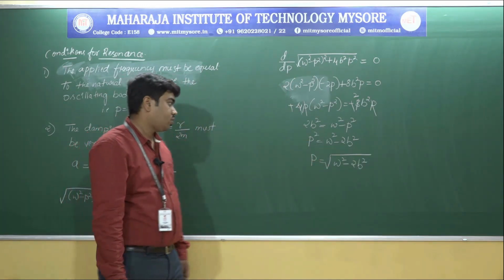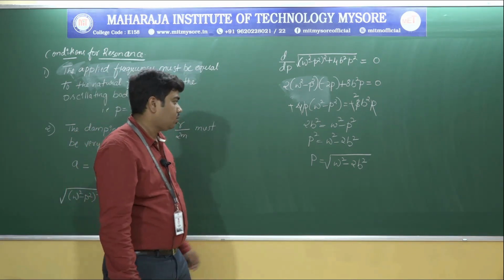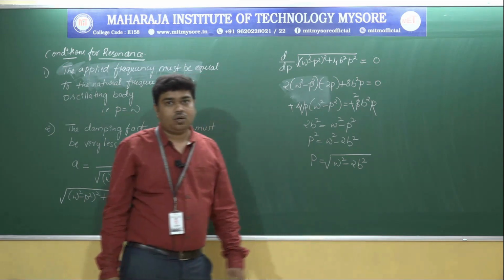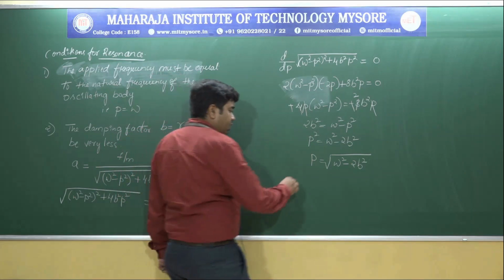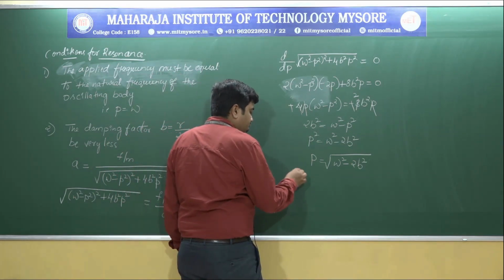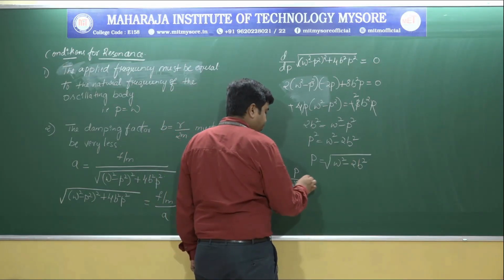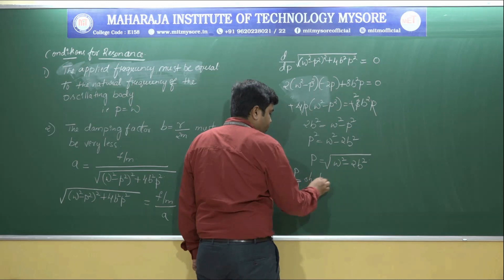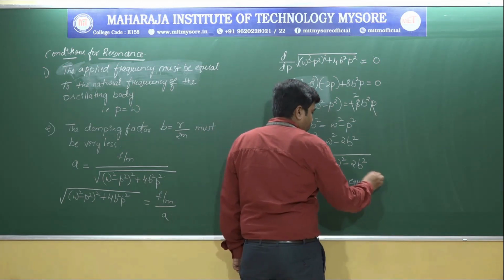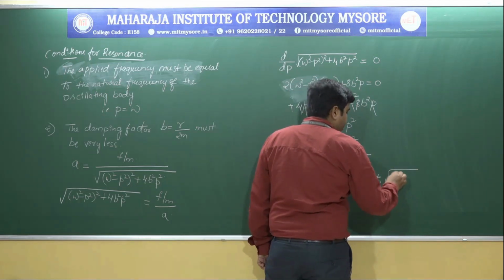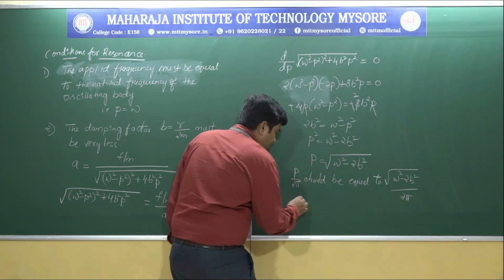Now, this is the final expression we got by differentiating the amplitude term for the forced oscillation: p is equal to square root of omega square minus 2b square. In order to get the resonance condition, the applied frequency p by 2 pi should be equal to square root of omega square minus 2b square by 2 pi.